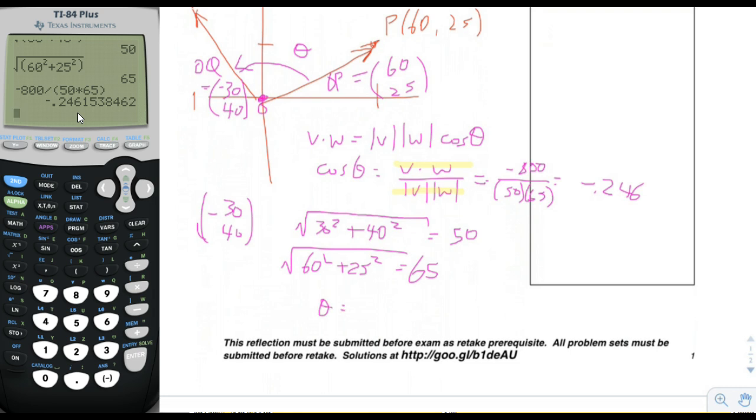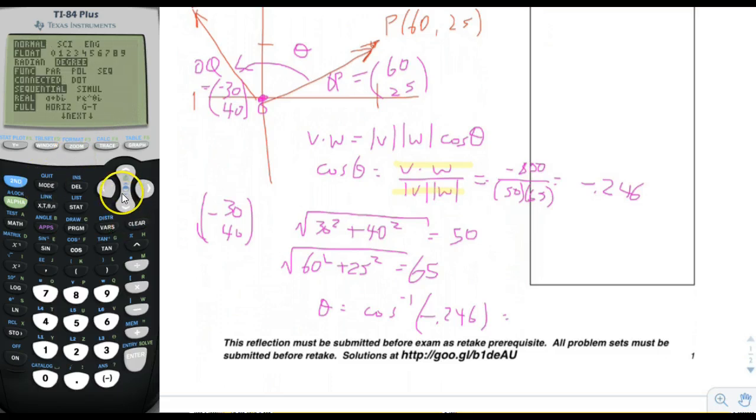So we'll have theta equals the inverse cosine of negative 0.246, and we get 104 degrees. I'm just wondering if I am in degrees or not. Yes, I am in degrees. So that is 104 degrees.